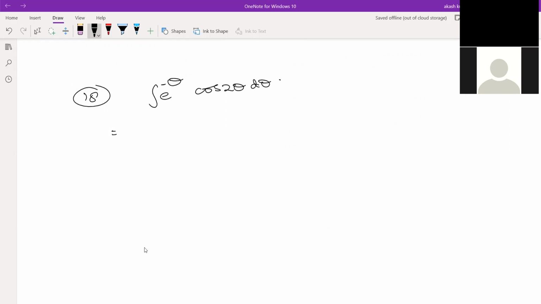Okay, now we have to choose our u and v. If you can see, both the functions are irreducible, right?